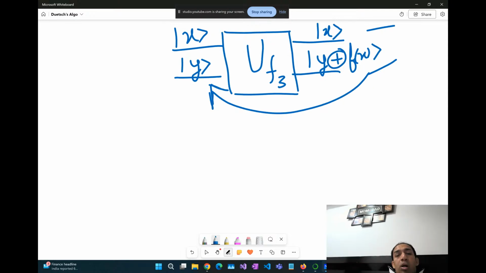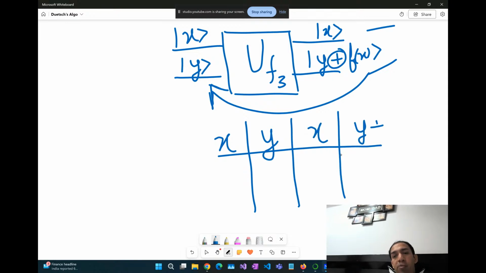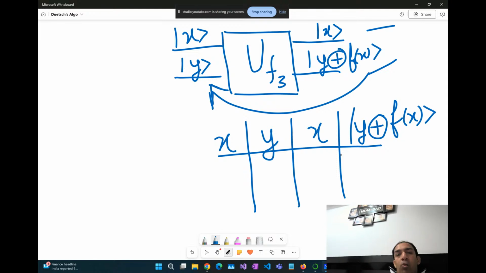So, let's say we design a truth table for x, y, which are of course the inputs, right? And then we define, so this is x, y, and the output is again x, and the second qubit is y plus f(x). Okay, let's design a truth table for this.